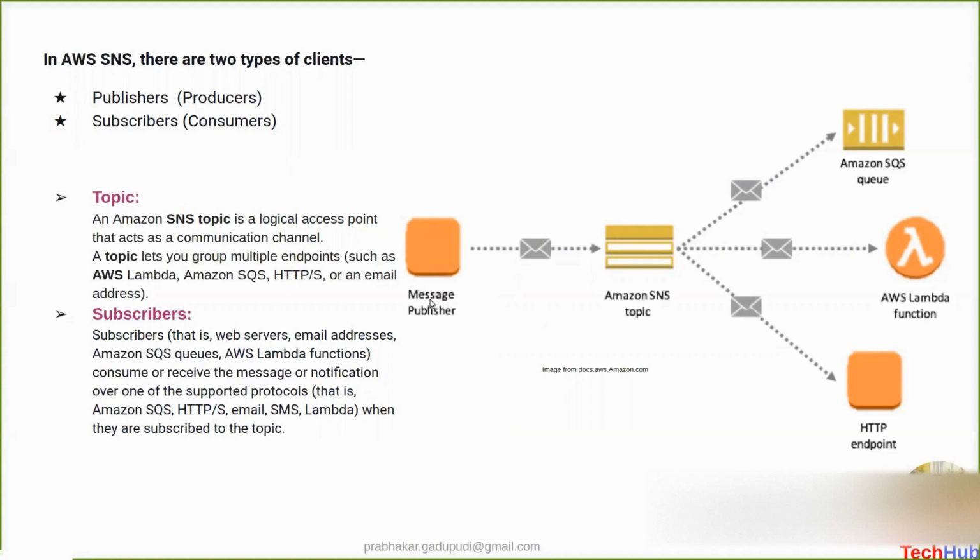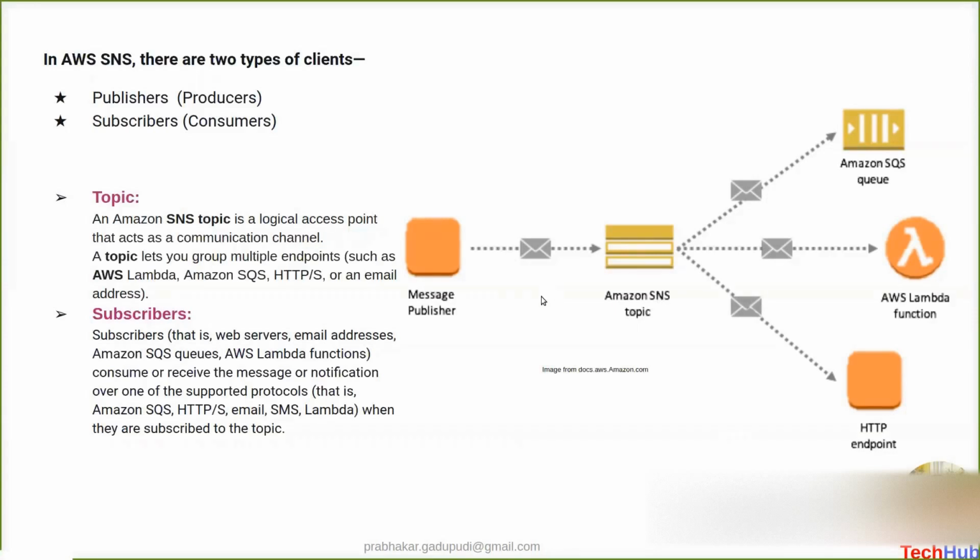If they publish any message, we have to create a topic here. The topic is a logical access point that acts as a communication channel, so a topic lets you group multiple endpoints such as AWS Lambda, SQS, HTTPS and email addresses.